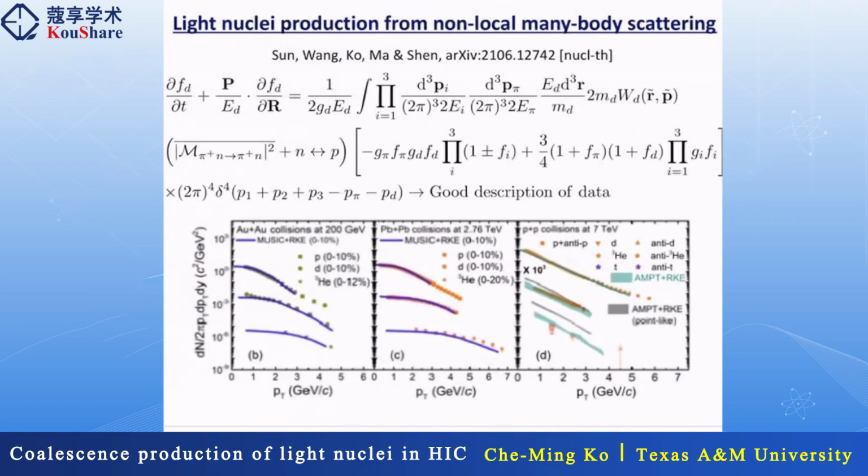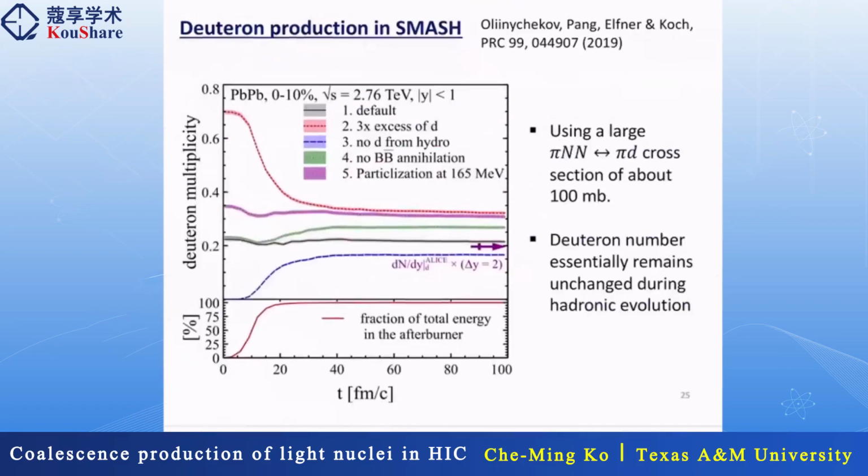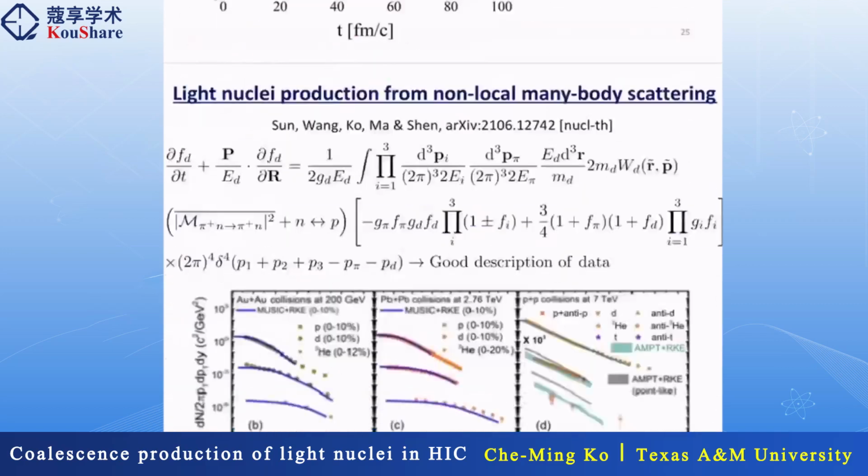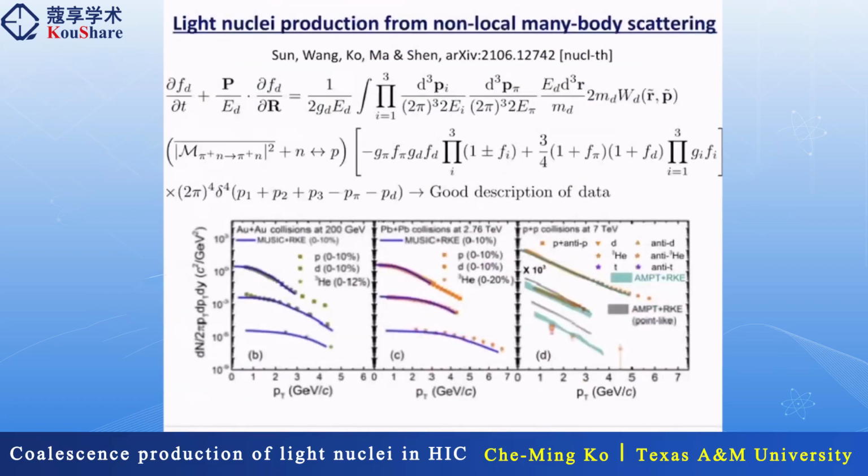Of course, the most recent paper is by Kai Jia and Wang Rui, and we just put our names down there. They really try to improve the transport model calculation compared to the SMASH calculation. What they did is include two effects.